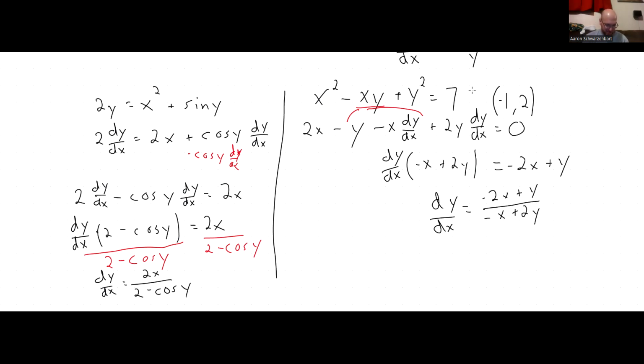Okay, so I found my derivative, and I can plug in my point. So negative 1 becomes 2 plus 2 over negative x is 1 plus 4. So this is 4/5.